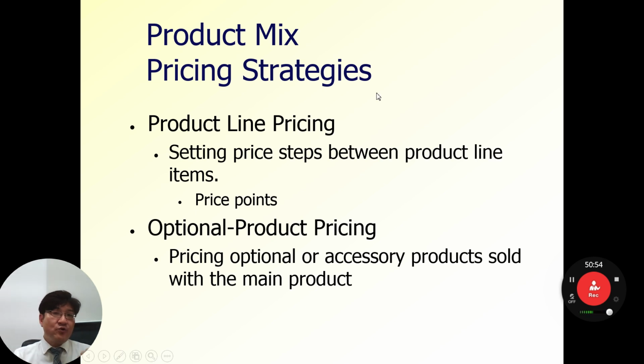So when you make the product and set up the pricing, you need to think about the price of the other products in the product line. Which means that the price of another product can have an impact on your target product. That is product line pricing.